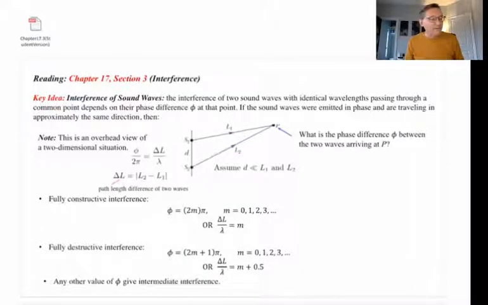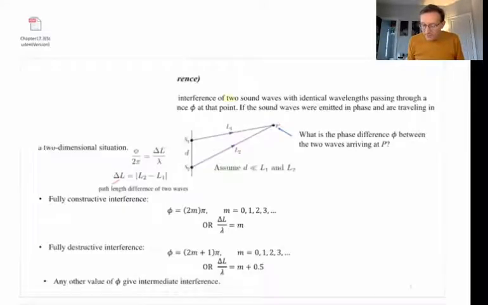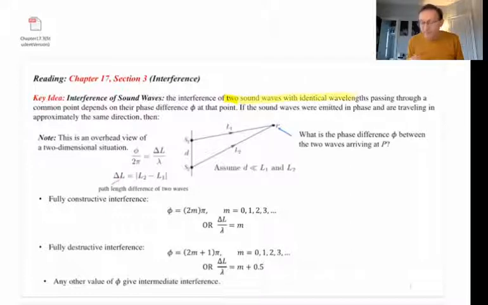So here's the kind of geometry we're going to focus on in this section of chapter 17. Here's the scenario we're going to imagine. We have two sound waves with identical wavelengths, just to make things a little bit less complicated, passing through a common point in space. And when you have two waves at the same point in the medium at the same time, you have interference.